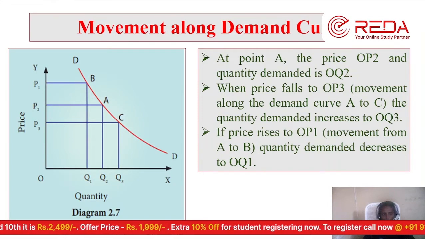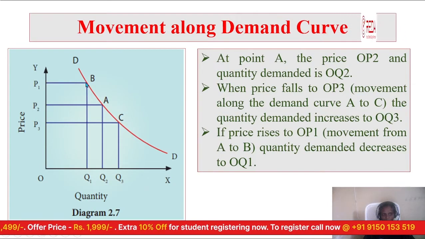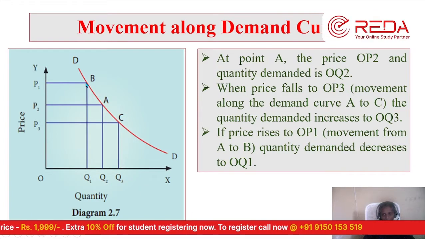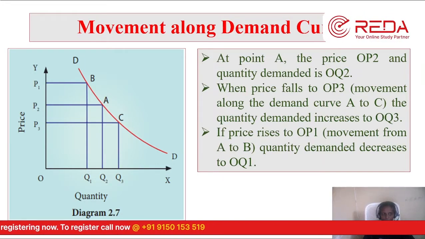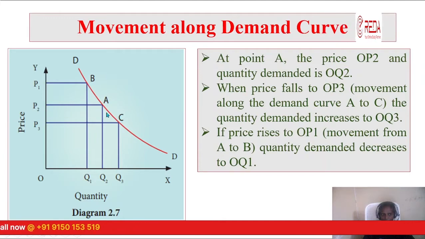Now you join the price and quantity points, and we get B. So now we have all 3 points in 3 situations: B, A, C.